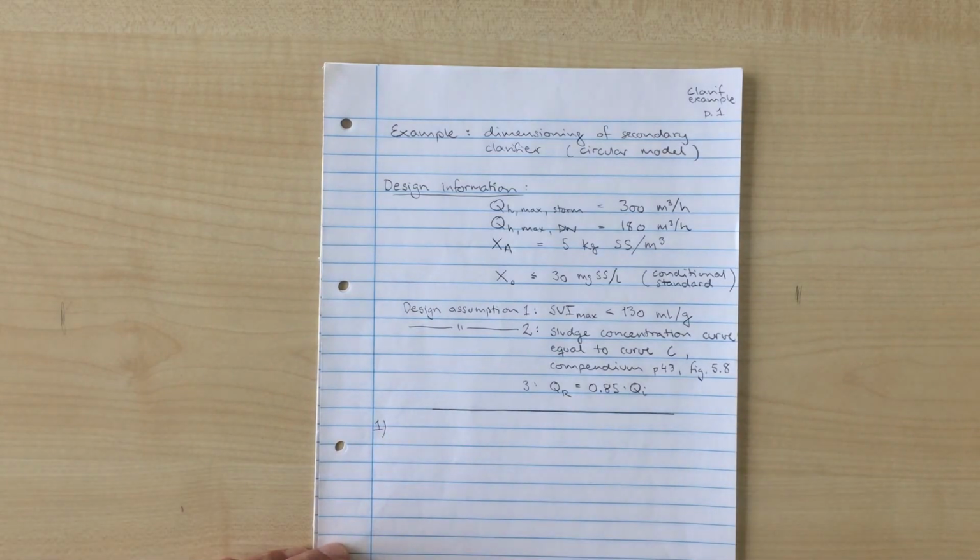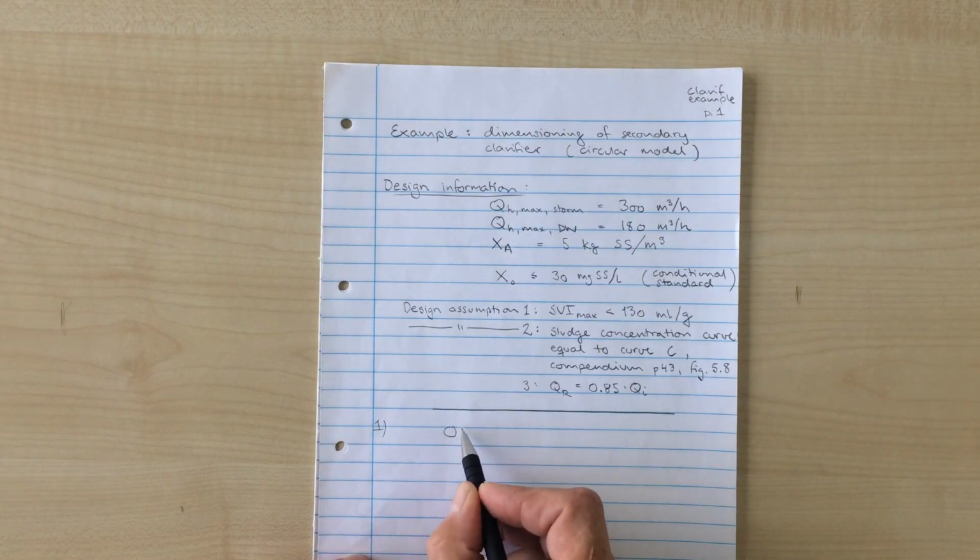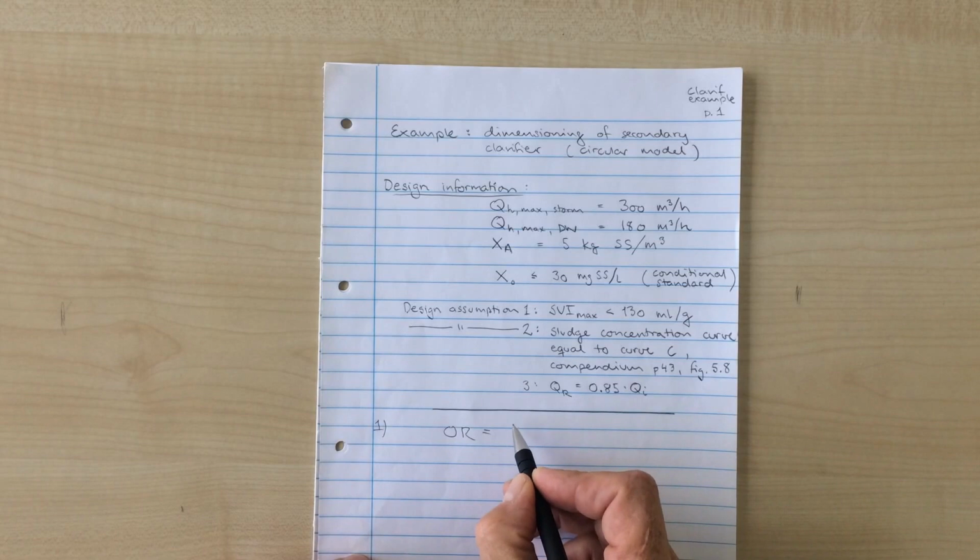The overflow rate is defined as the inlet flow divided by the area.